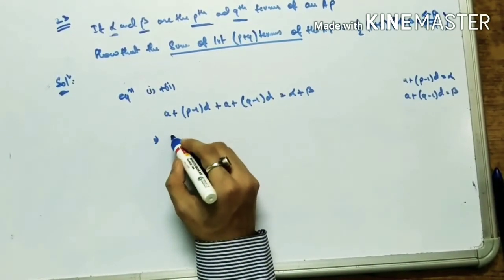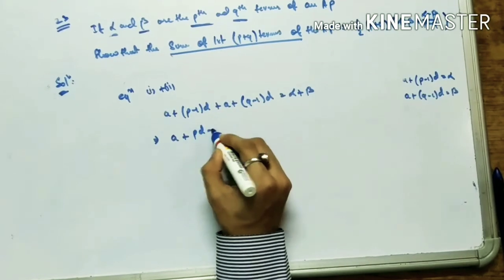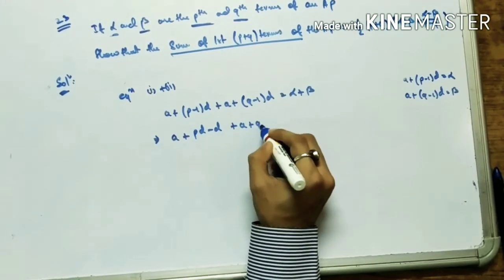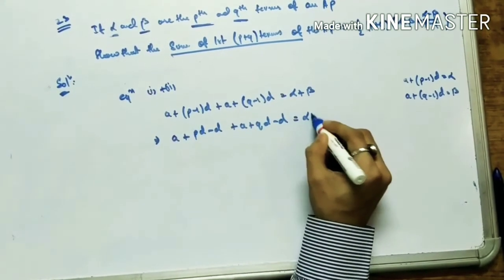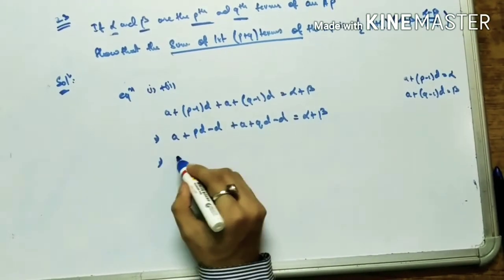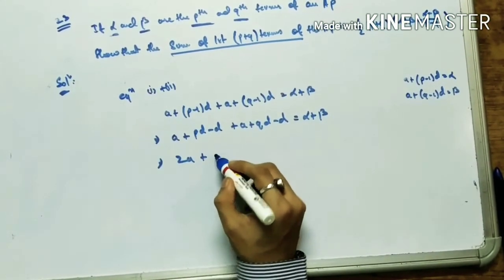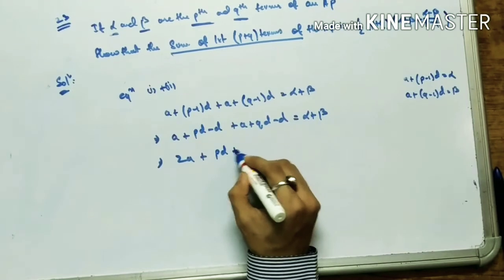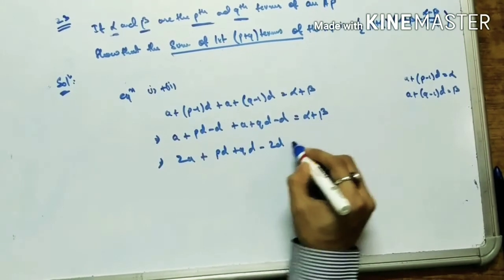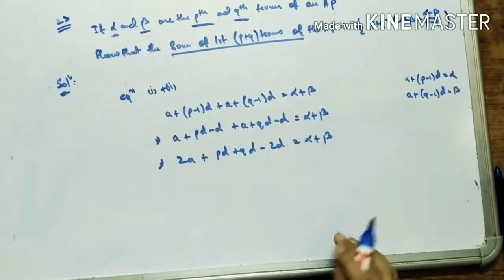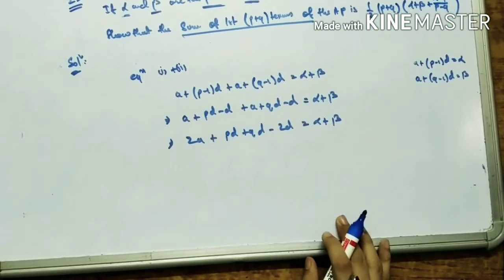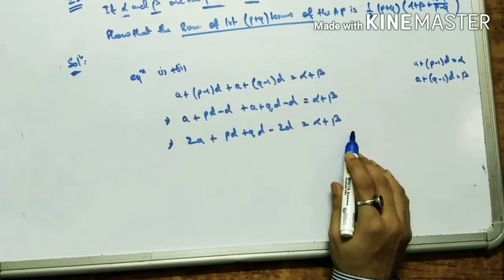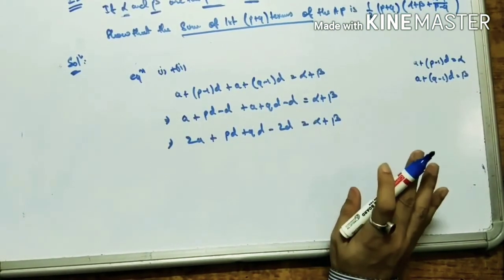So this is a plus pd minus d plus a plus qd minus d is equal to alpha plus beta. So this will be twice a plus pd plus qd minus twice d is equal to alpha plus beta. So this is the value of alpha plus beta. This one we will keep in this way.